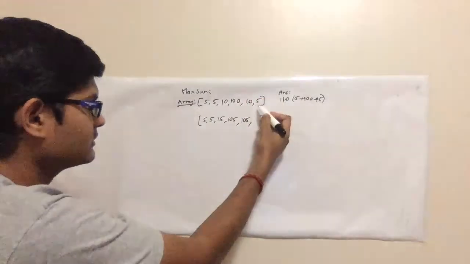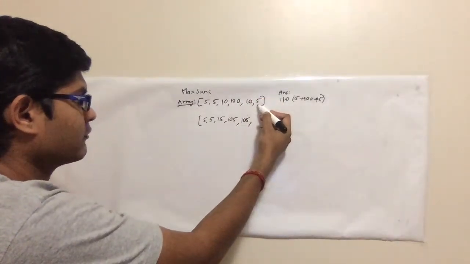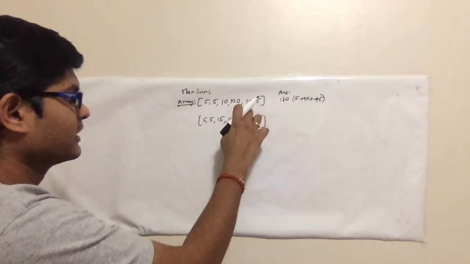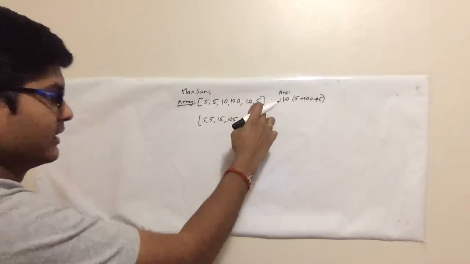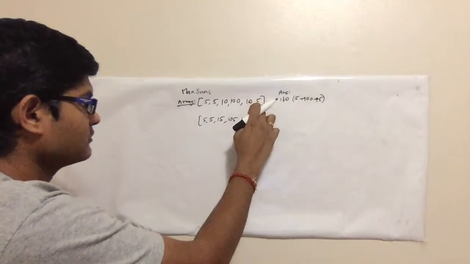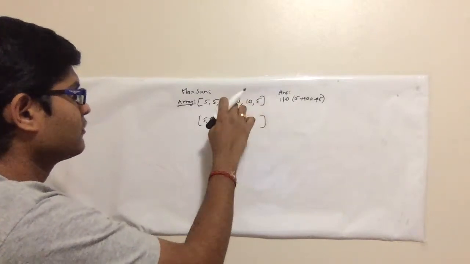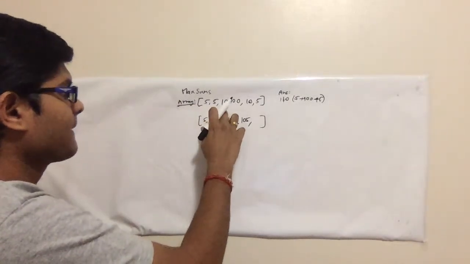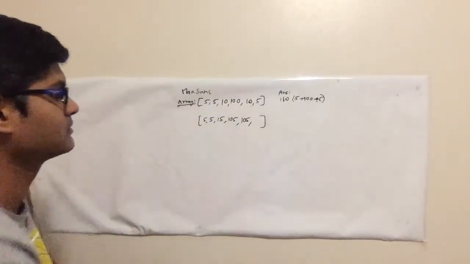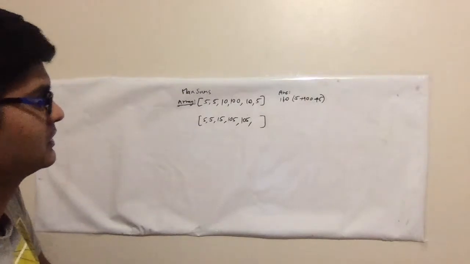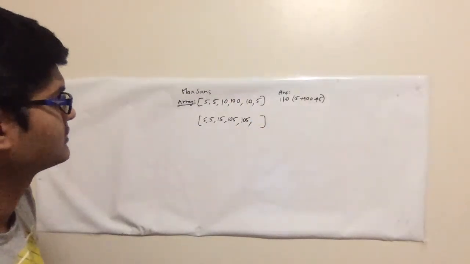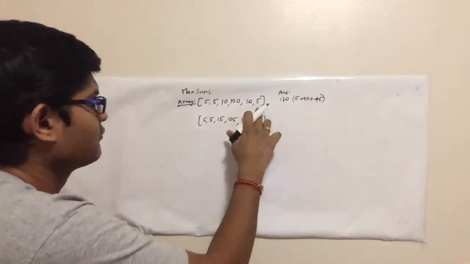So when we take 5, say, for example, we haven't taken this, so we can take this element. So 5, we can add 100, 105, or 5, 10, 10, whatever it might be.